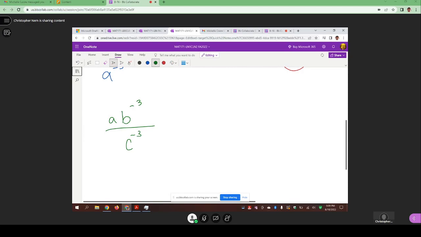However, because it has a negative exponent, all we simply have to do is move them to either top or bottom. If it's on top, we're going to move it to the bottom. If it's on the bottom, we're going to move it to the numerator. So in the case b raised to the negative 3rd power, the negative exponent is on the numerator, we're going to move that entirely to our denominator, b cubed down there. C to the negative 3rd power is in our denominator, so we're going to move that to our numerator. Boom. So that works out nicely.